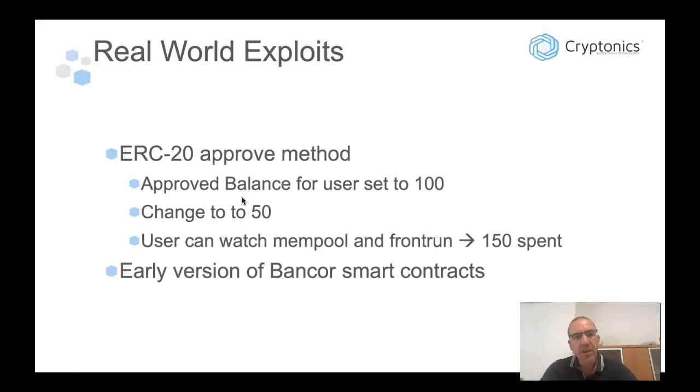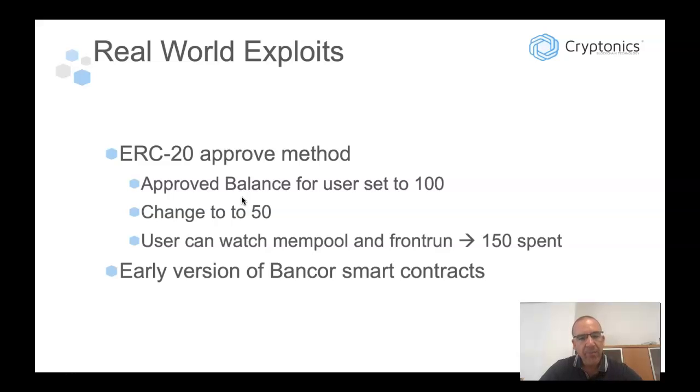And current implementations of ERC20 usually have increase or decrease approval methods, which are a safe way of changing the amount of approved spending. But anyway, interesting case, that one.